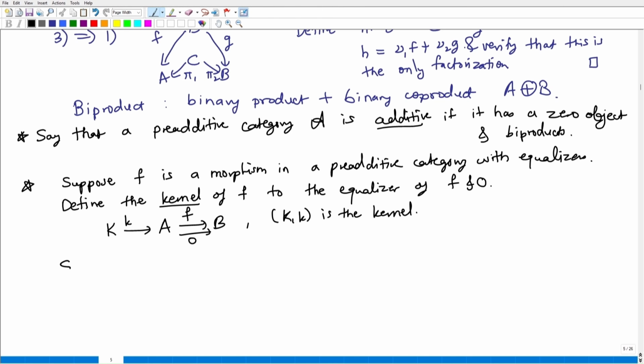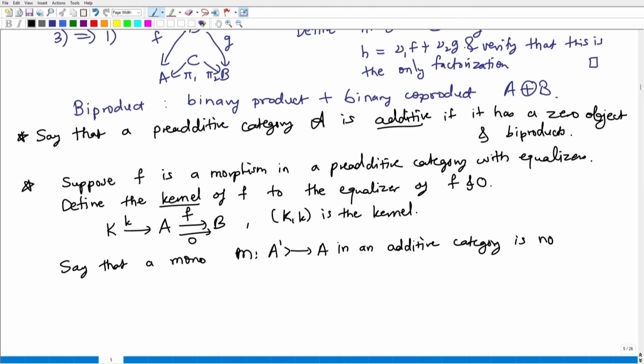Say that a mono m from A prime to A, in an additive or pre-additive category, is normal if it is the kernel of some morphism.